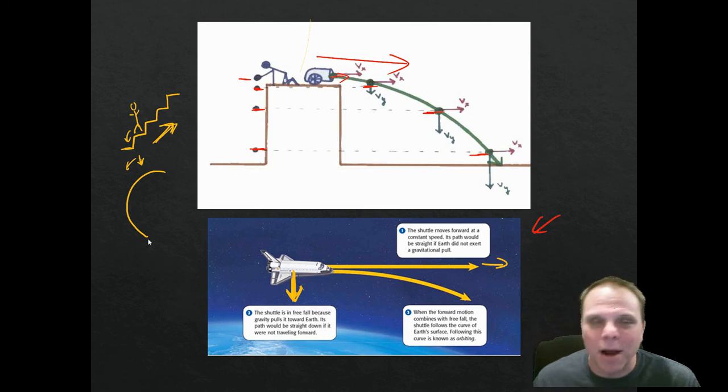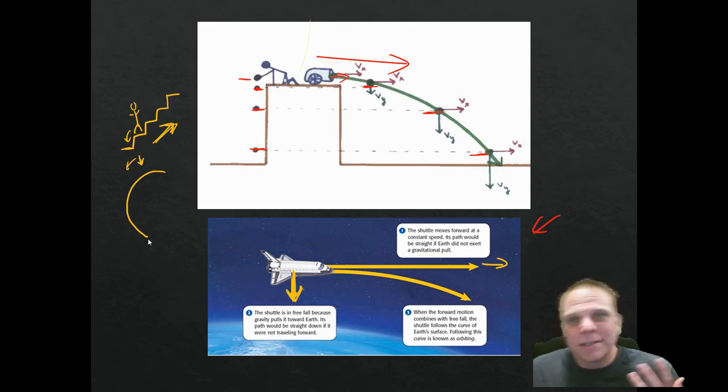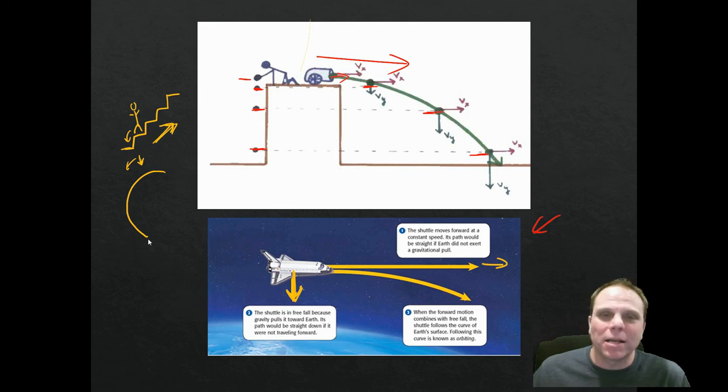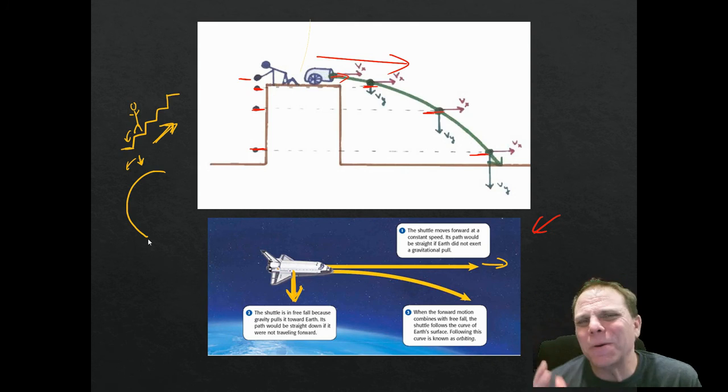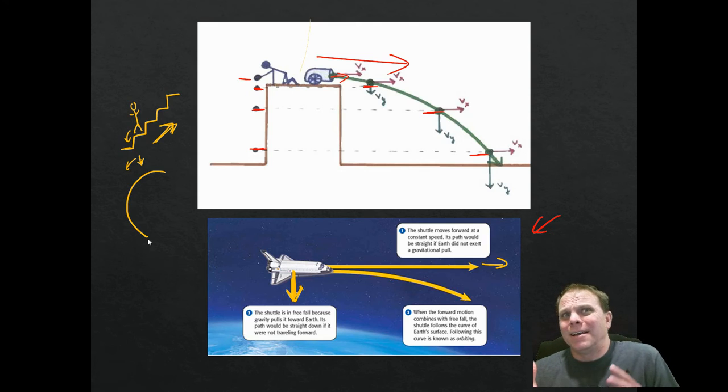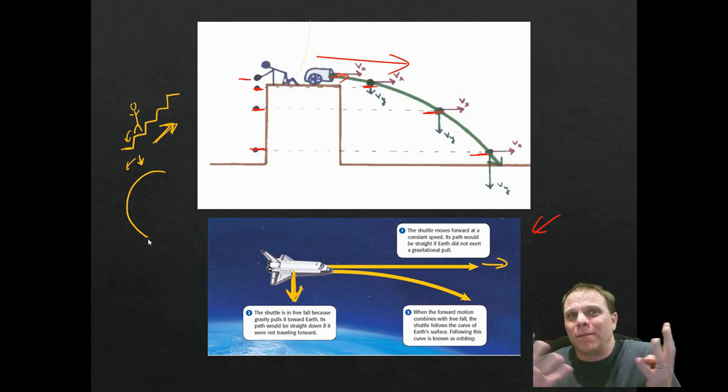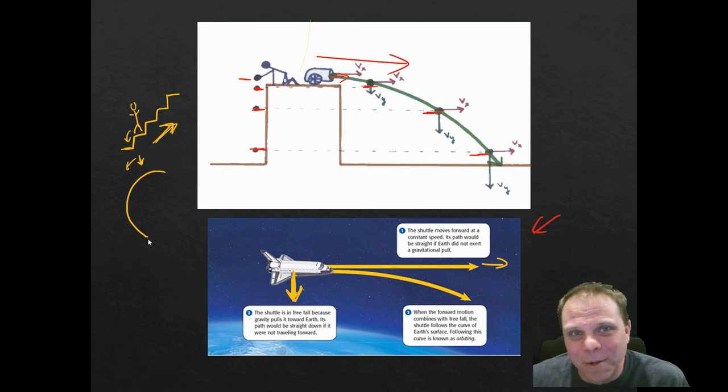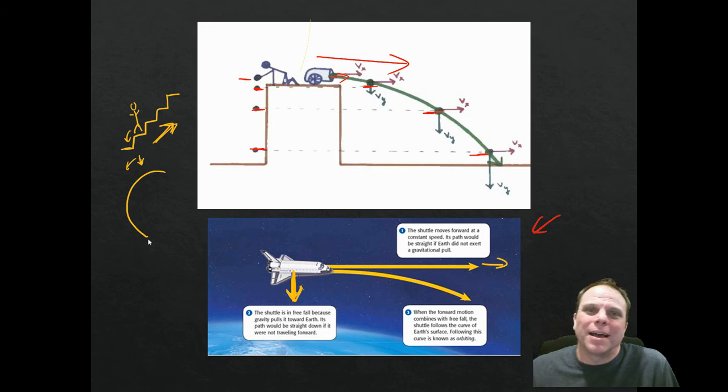All right. Now, you don't always fall forever because eventually satellites are going to degrade in their orbit. They're going to crash down to Earth and things like that. But it's just really cool to think about the fact that if we're up in space, we're continually falling down, but we just never hit the ground because we're moving forward at the same time.